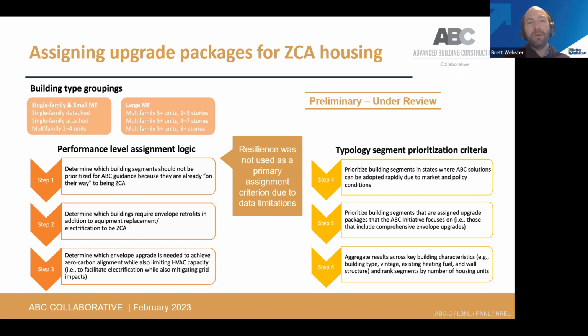And I should note that resilience was not used as a primary assignment criteria and was mostly due to data limitations, but that resilience is a very key consideration, and in some instances a real driver of upgrades, which might lead you to higher levels of performance with the upgrade packages.